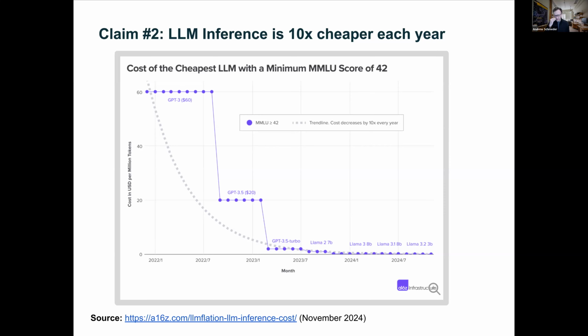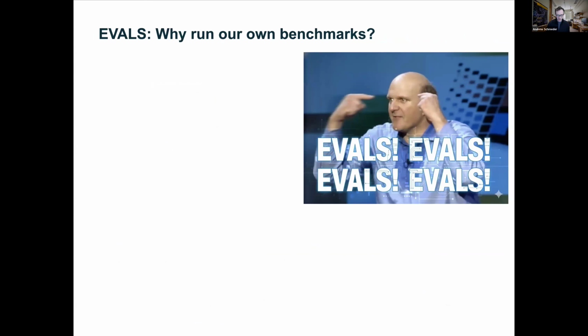But this particular analysis basically says, if you instead look at the cheapest model that achieves a fixed level of intelligence, that model is getting smaller and therefore cheaper year over year. So these are a couple of things that I wanted to investigate further through running my own benchmarks rather than just relying on what's been published.